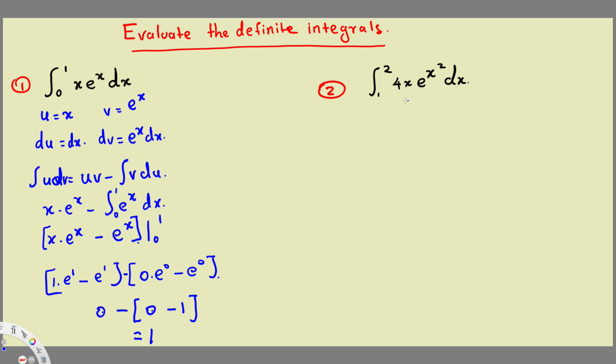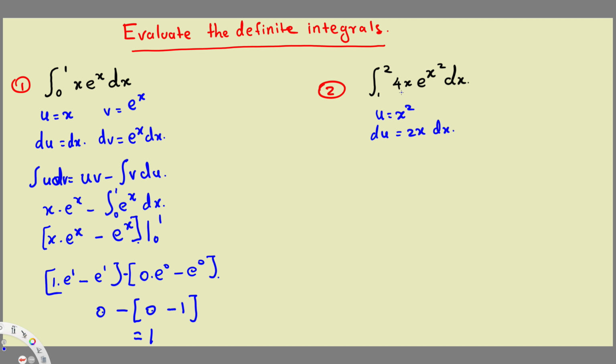So let's do this one right here. We have the integral from 1 to 2 of 4x e^(x²) dx. If you see e^(x²), we have x² and x, so we have the derivative of x², right? So we can do the u substitution. Let's pick u as x², and the derivative of this one is going to be 2x dx, right?